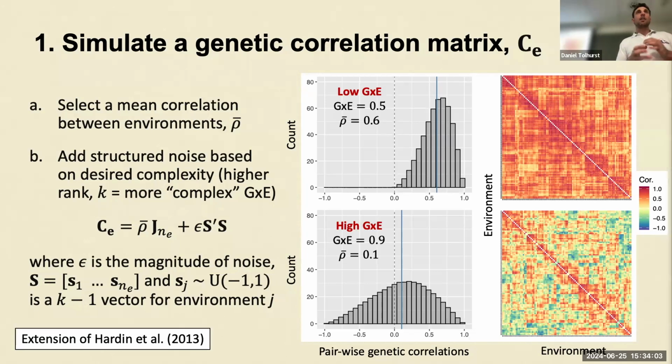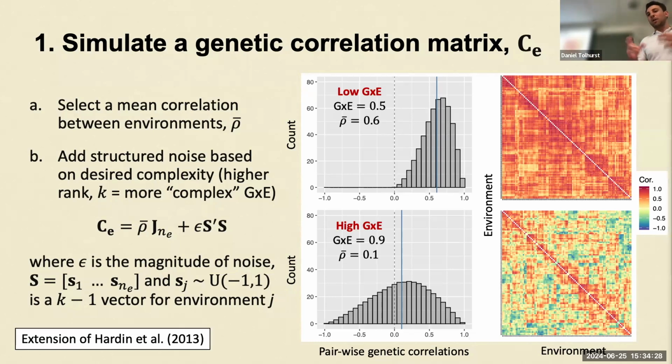We've got about a mean correlation of 0.6. So on average, between these 200 environments, you've got a mean correlation of 0.6 with some variation around that, and we can see that in the distribution. And then the one below, we've got a lot more of that re-ranking going on. We can see the distributions going all the way back to -1, so it's capturing a lot more of that re-ranking.